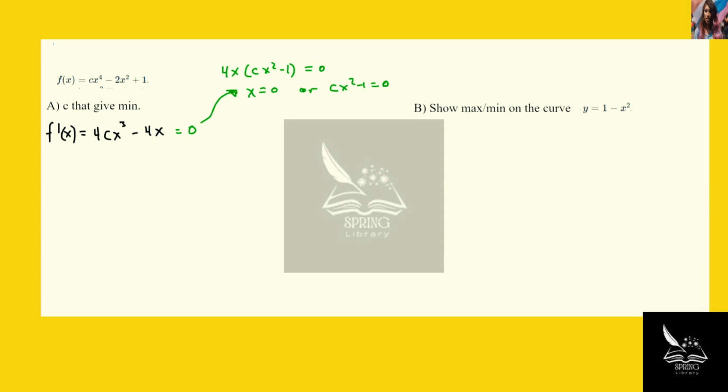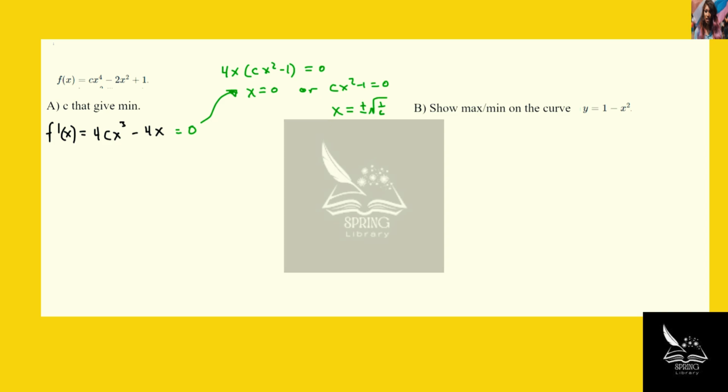And so we can just move things around to solve for x here. So it's going to be x is equal to plus or minus the square root of 1 over c. Now, since we're dividing by c, that tells us that c has to not be 0, and since we're taking the square root, it needs to be strictly greater than 0.